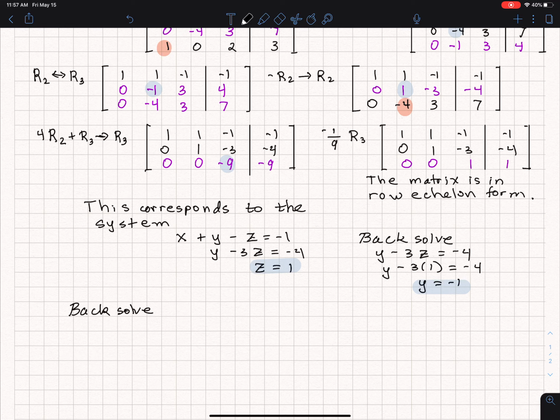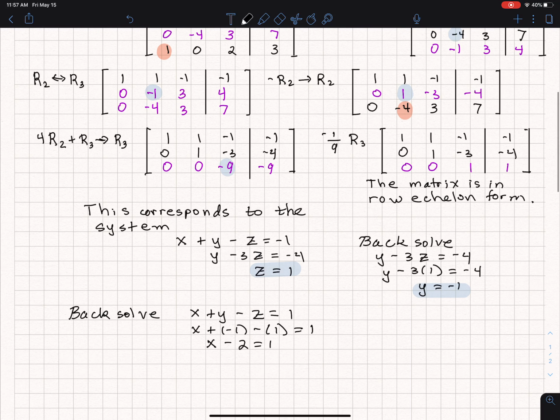And I'm going to write then the equation x plus y minus z equals 1. And then we go ahead and we replace y by negative 1. Z we replace by 1. And then so that's equal to 1. And so x minus 2 is equal to 1.